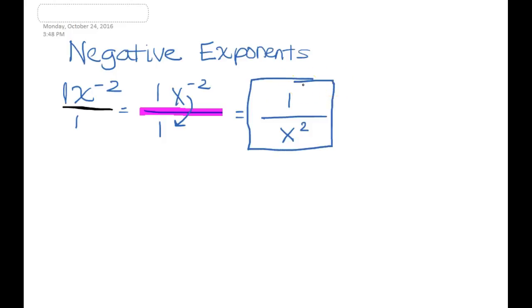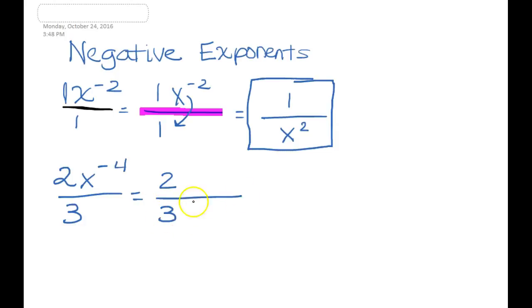Remember, we have to leave our integers alone, so they can't always be there helping us. Let me give you an example. If we have 2x to the negative fourth over 3, we start by rewriting 2 over 3 because it can't be reduced, x to the negative fourth, and remember, here's our magic line.